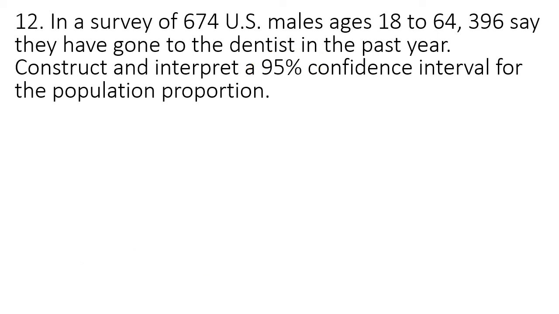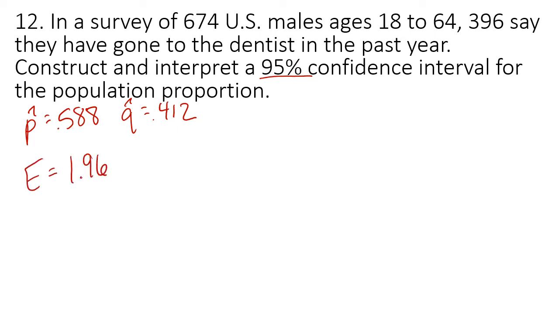Now we're going to do the same thing, except we want to do a 95% confidence interval. So that means our p hat is just the same as it was before, of 0.588. Our q hat is still 0.412. The only thing that's changing is our z. It's now gone up. So if we want to find our margin of error, that's our z, which now that we're at a 95% confidence interval is 1.96.